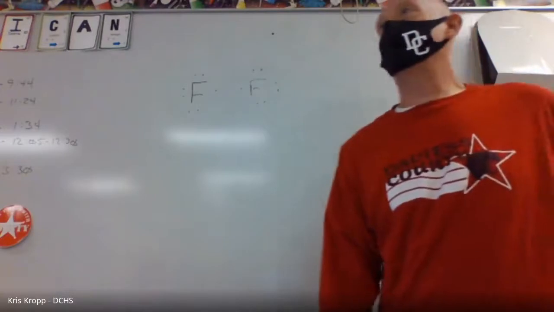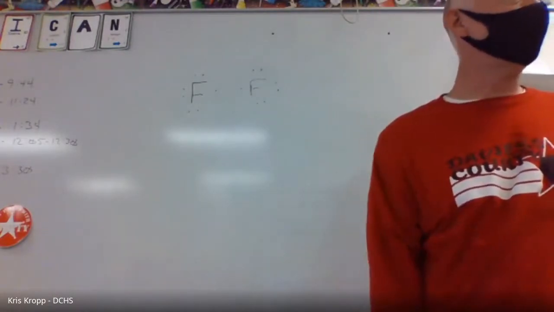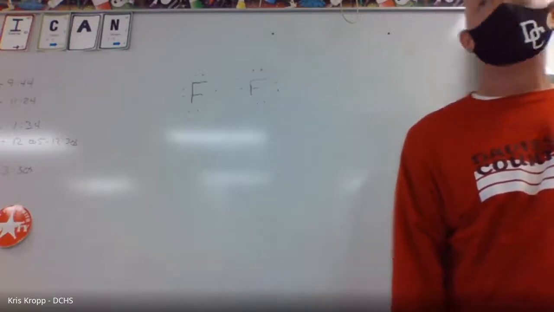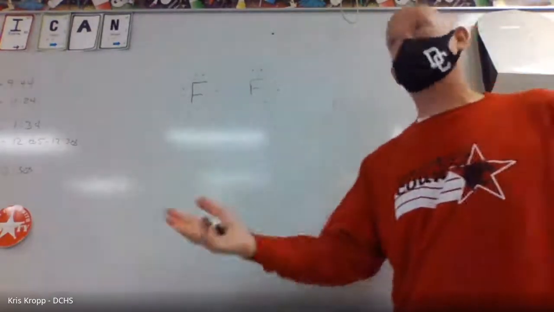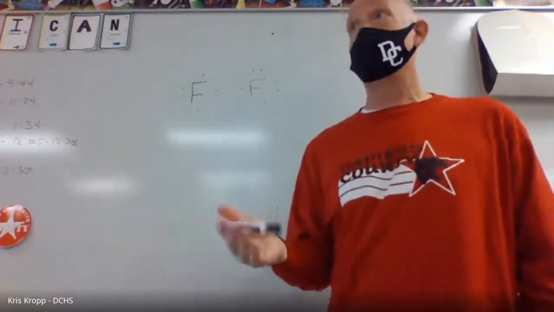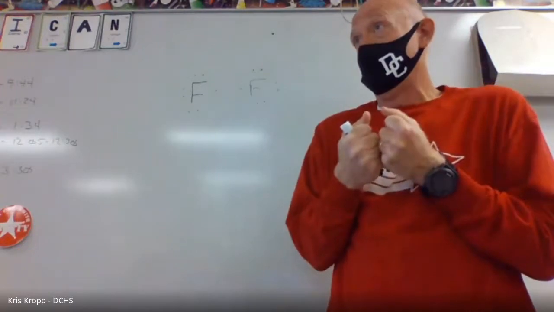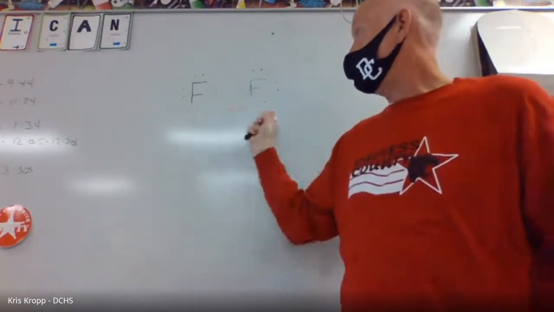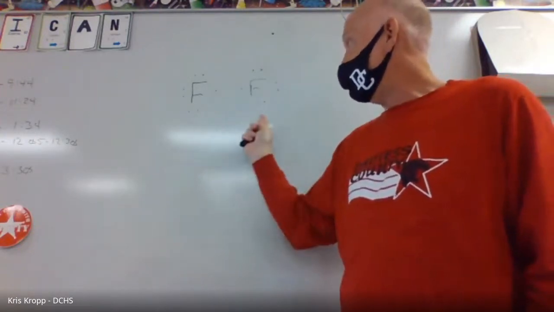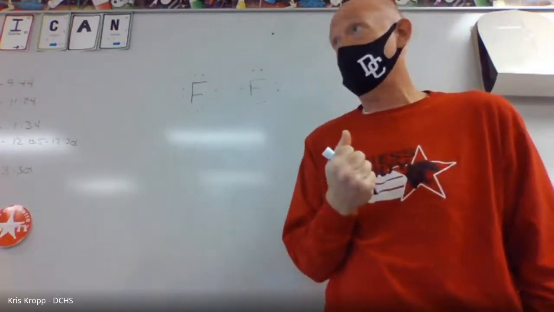Would 2 fluorine atoms be willing to give up or take electrons from each other? No way. If you go back to the last unit, we talked about electronegativity values, and that is the atom's pull on the bonding electrons. Since these are both the same type of atom, they're going to have exactly the same pull on any electrons for each other.